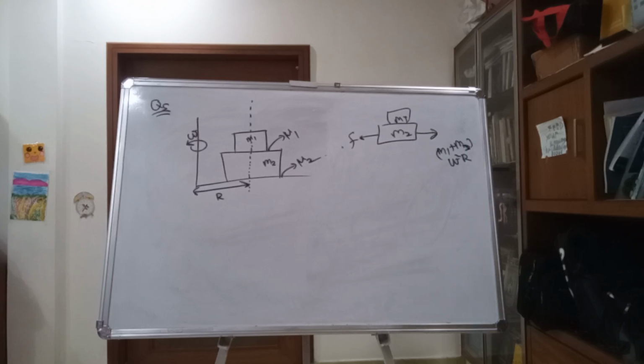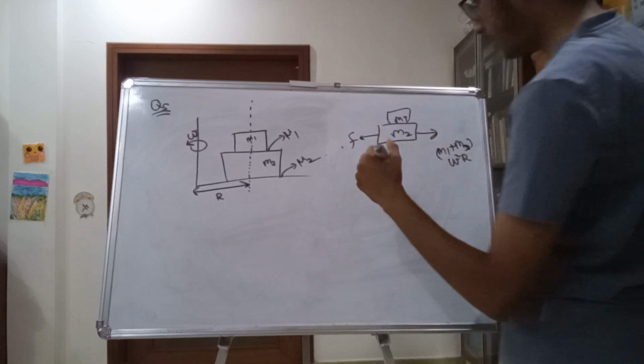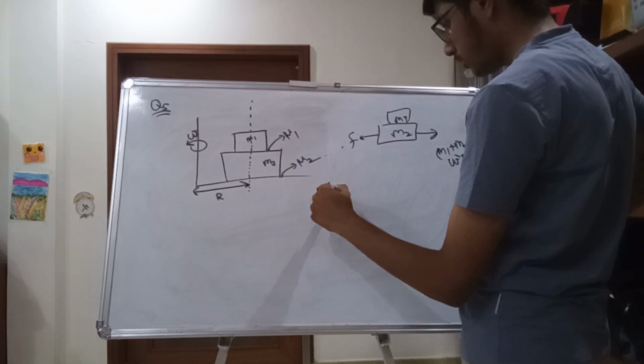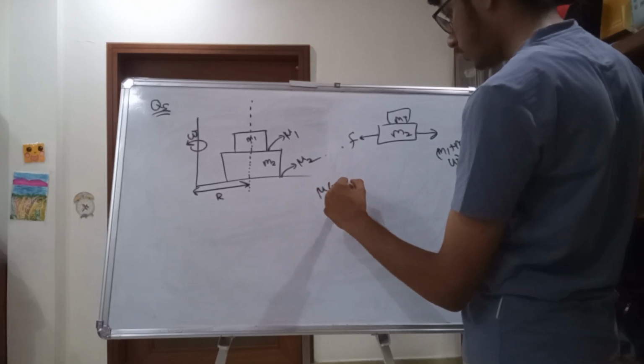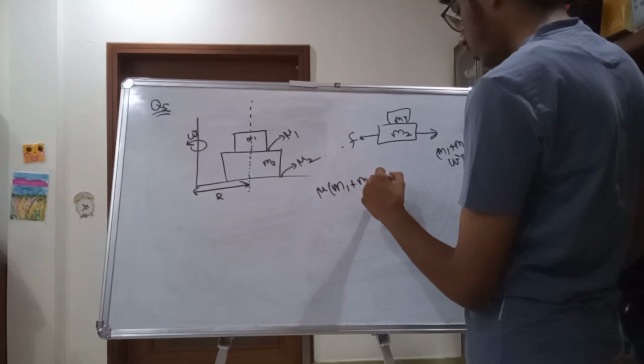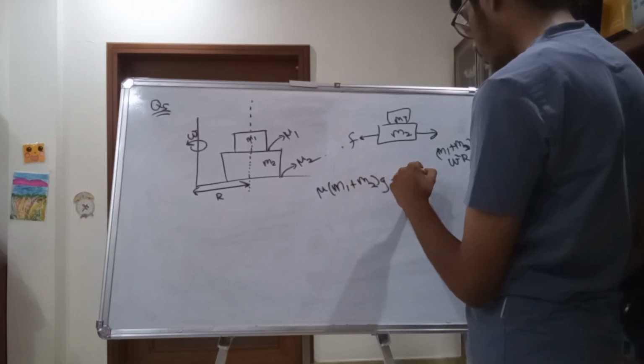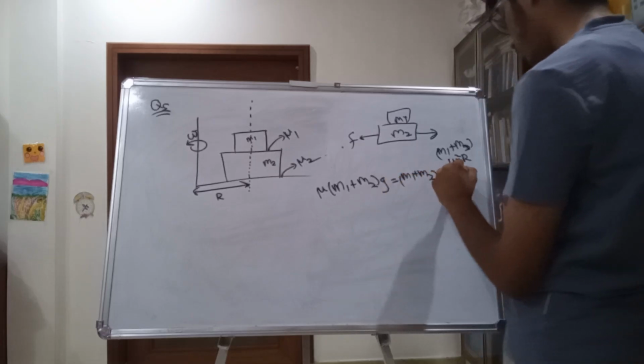To find that maximum angular velocity, can we tell that mu times (M1 plus M2) into g equals (M1 plus M2) into omega square R?